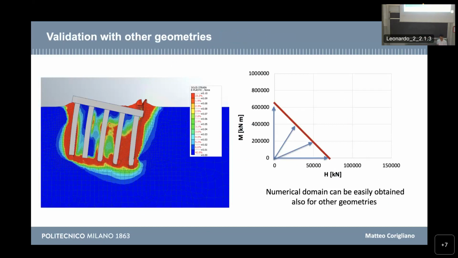For example, until now in this discussion we have considered only the typical case of the piles of a typical bridge, but adding also other piles to the foundation, the simplified method works.